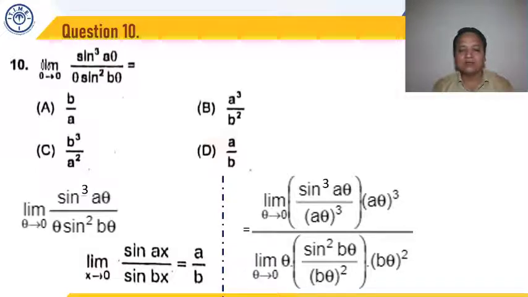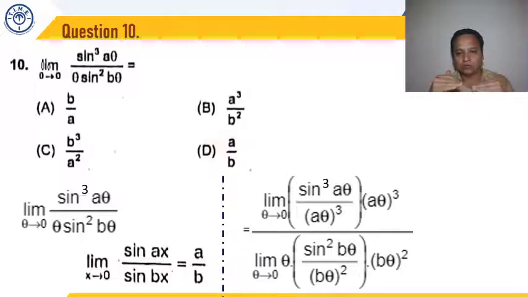So our expression resembles sine a theta upon a theta. When theta tends to 0, a theta also tends to 0, so that value can simply be taken as 1. So sine cube a theta upon a theta whole cube, when theta tends to 0, this entire value will come to 1. So we had a theta cube left in the numerator.